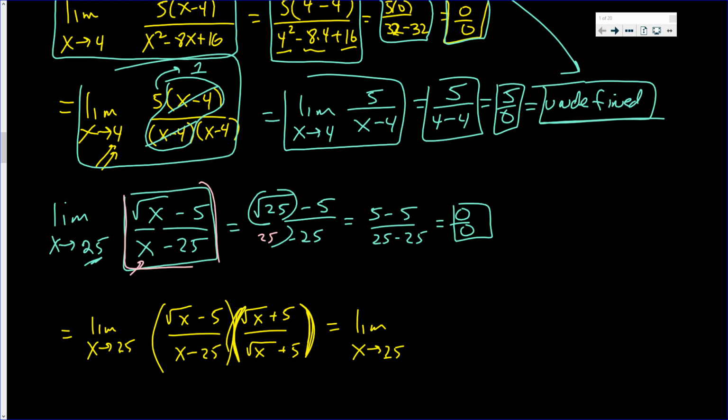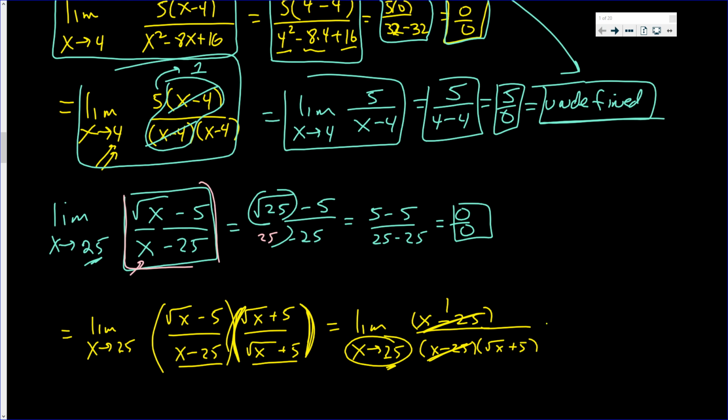Keep writing limits until you substitute 25. The top is going to be x minus 25. The bottom is going to be this times that, x minus 25 times that. Now, the nice thing is that as long as x is not 25, and it won't be, this won't be 0 over 0. So we get 1.